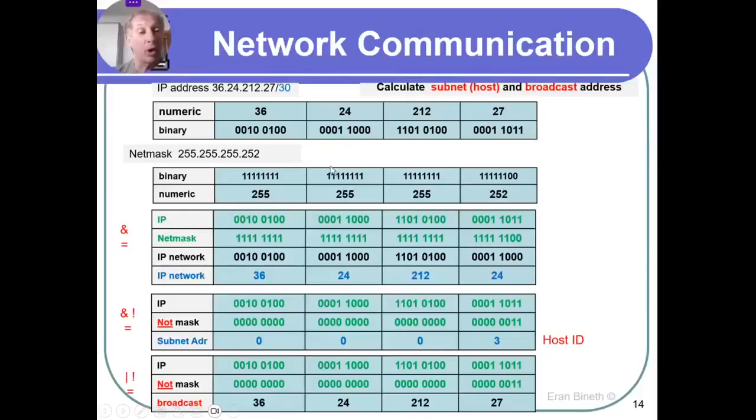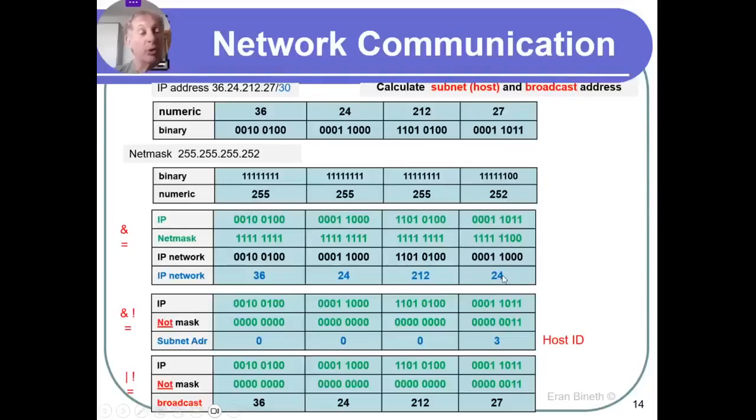Performing an AND logic operation, we would receive an IP address of 36.24.212.24, achieved by the full 36 as above because these are all ones. Same here with 24 and 212. But here only 6 ones are taking a portion of the 27. That portion takes only the 16 and the 8 for a total of 24.